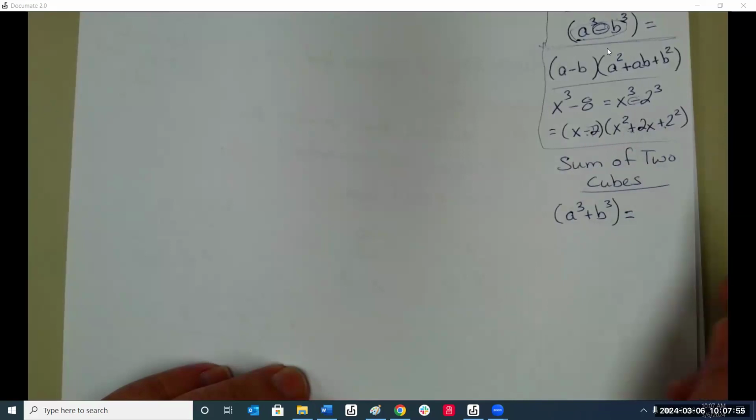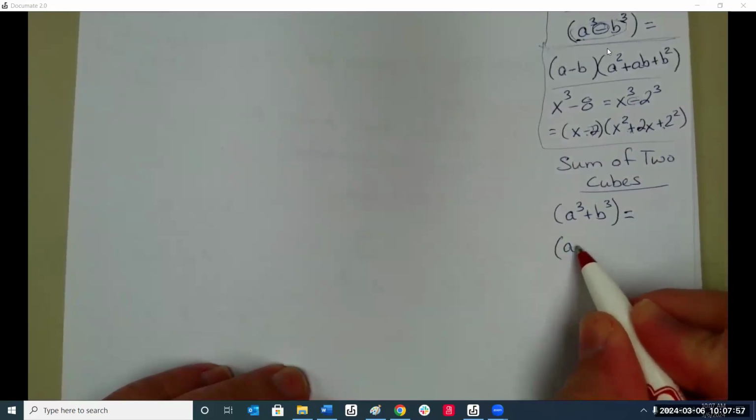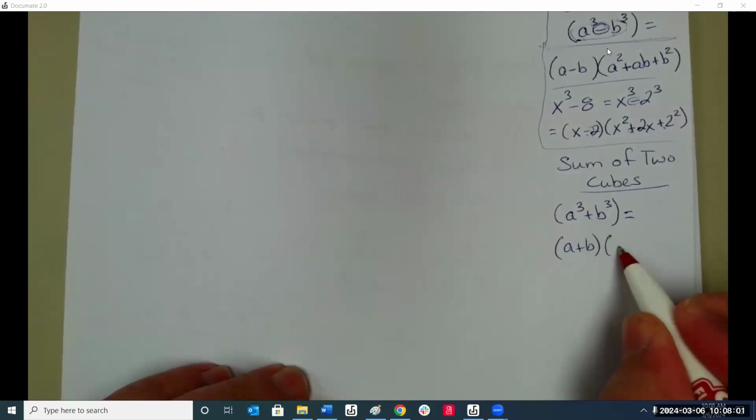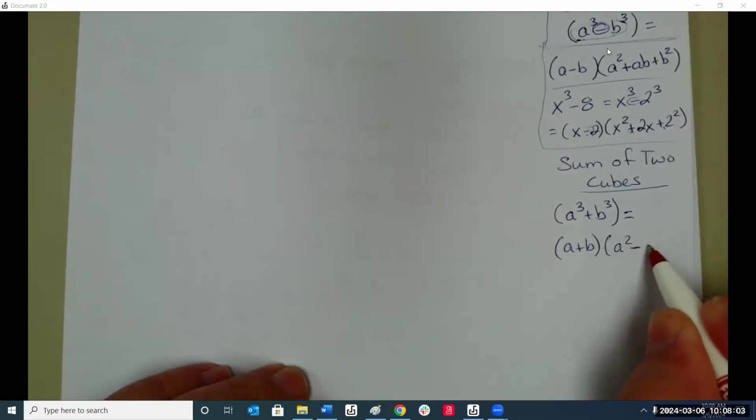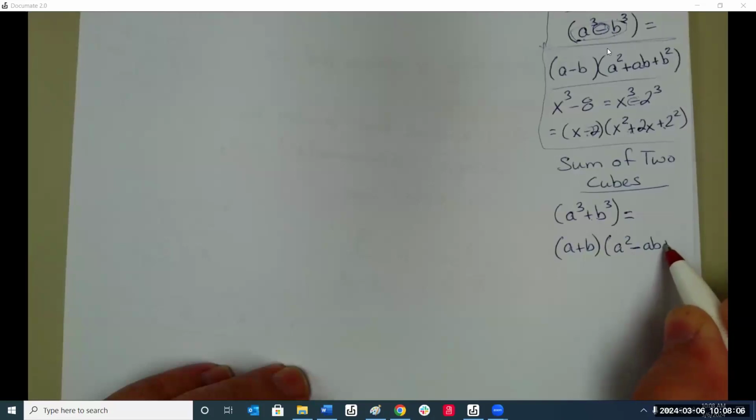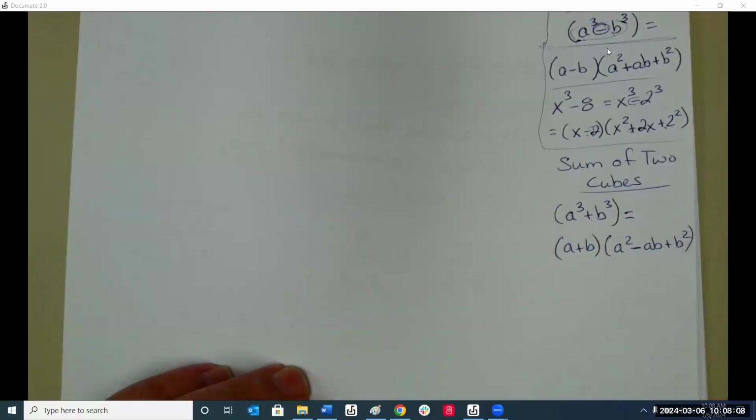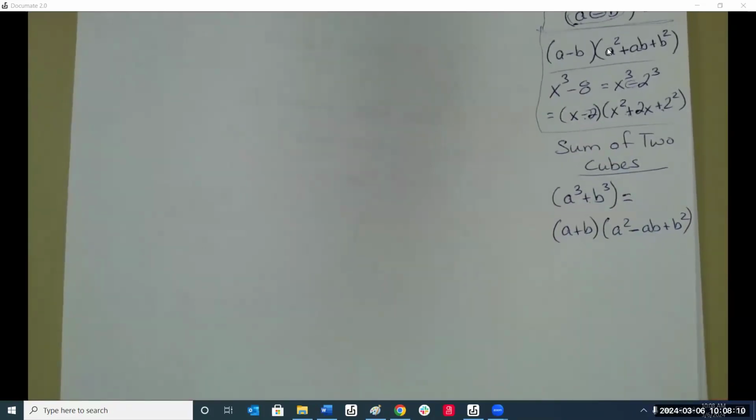So whatever's in the first parentheses, what's in the original, and then this one's the opposite of that. So it's going to be a plus b, because that's what's in there. Then a squared minus ab plus b squared. The only thing that changes are these signs. Whatever's in the parenthesis goes first, and this one's the opposite. Last one's always positive.